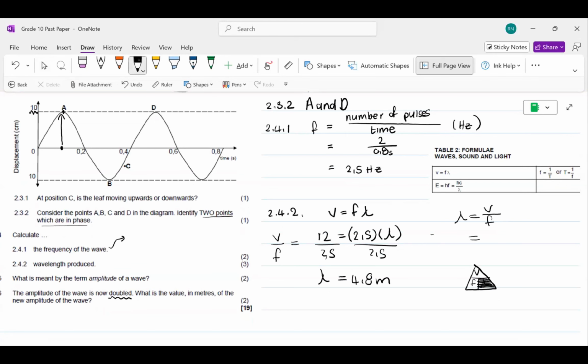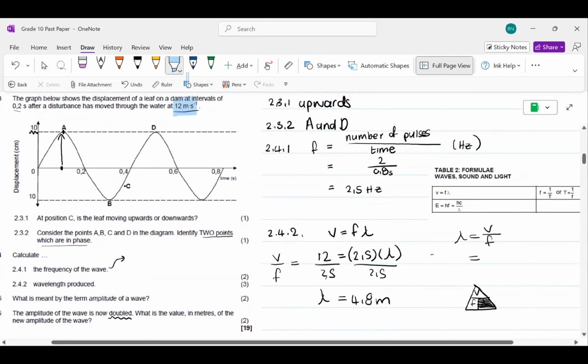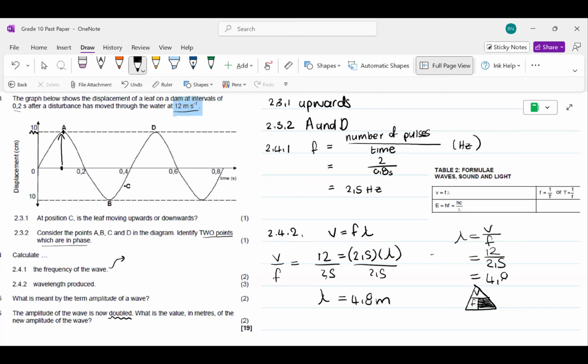And so we were given that our speed is 12 meters per second, right? So we then wrote 12 over the frequency, which we found to be 2.5. So then 2,5. And then if you put this in your calculator, we should get 4,8 meters. Did you get 4,8 meters?